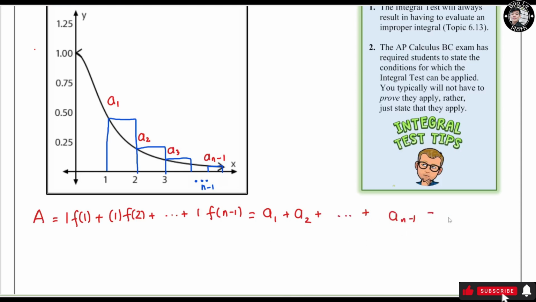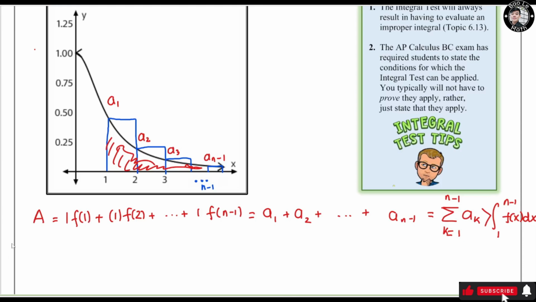And this guy is actually the series of a sub k when k goes from 1 to n minus 1, right? And this guy is always greater than the integral from 1 to n minus 1 of f of x dx, which is the area under the curve, right? Because we're going to use the left endpoint Riemann sum on a decreasing function, it's going to be overestimating the area under the curve, right?